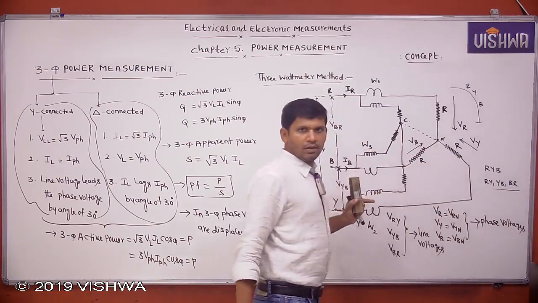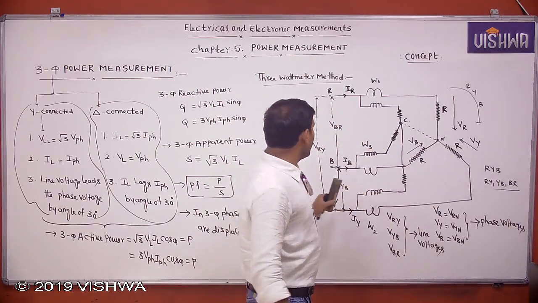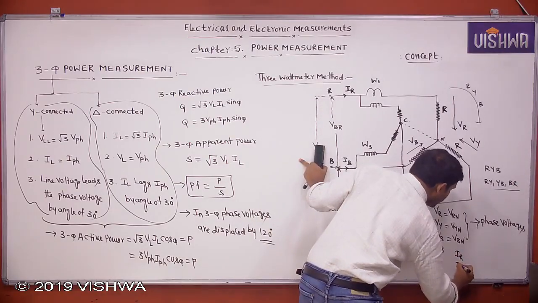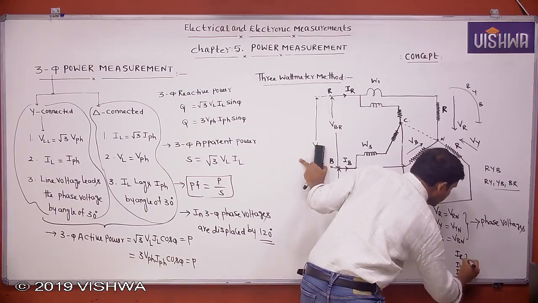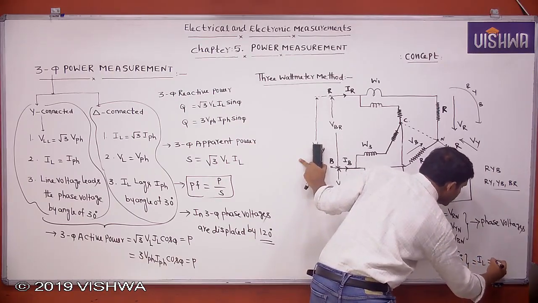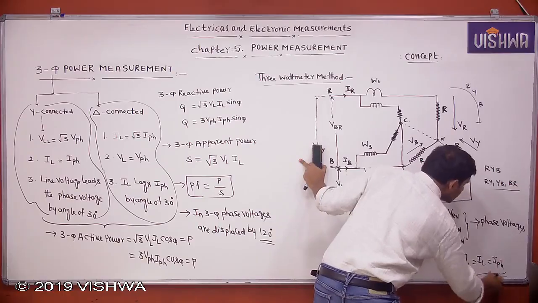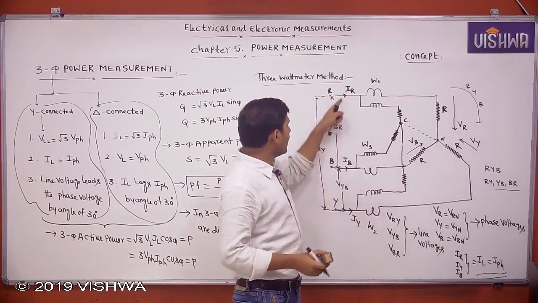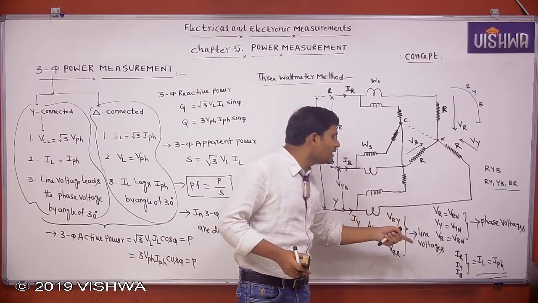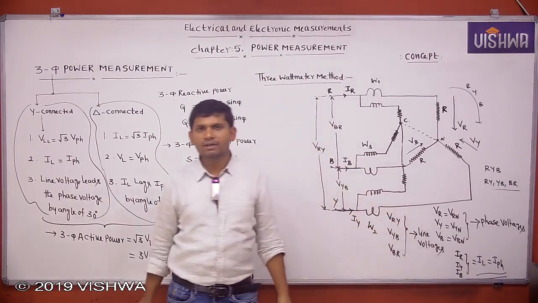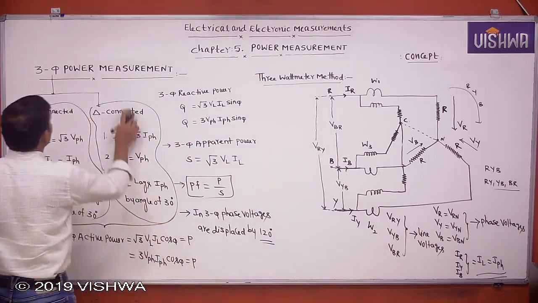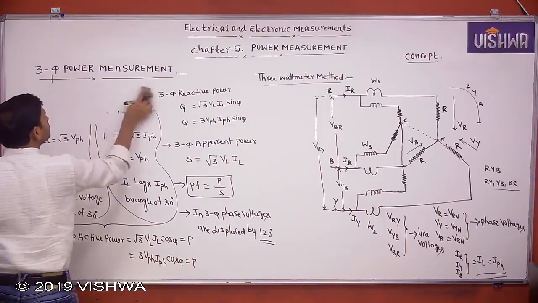Then what about IR, IY and IB? This IR, IY, IB is the line current, which is equal to the phase current because of which load? Star connected load. Now tell me, what is the reading of each wattmeter?